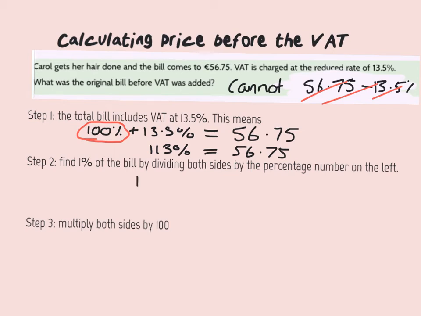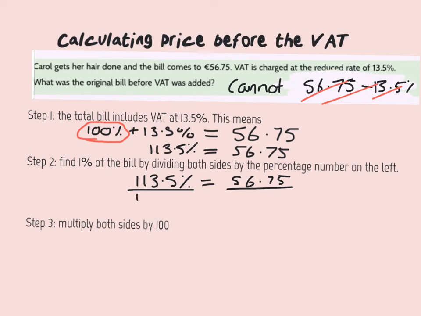So in order to do that, I take 113.5. I have a little bit of a mistake there, so we'll just rub that out. So that should be 113.5%, and that's equal to 56.75. And in order for me to find out what 100% is, I first of all want to find 1% of the bill.